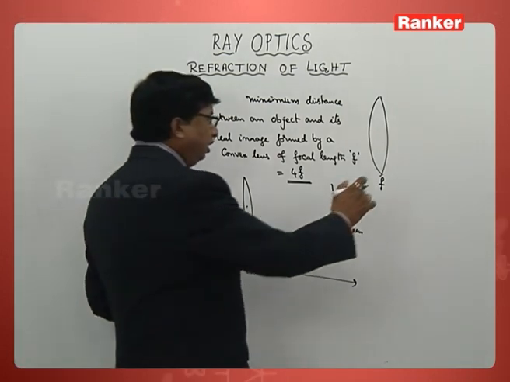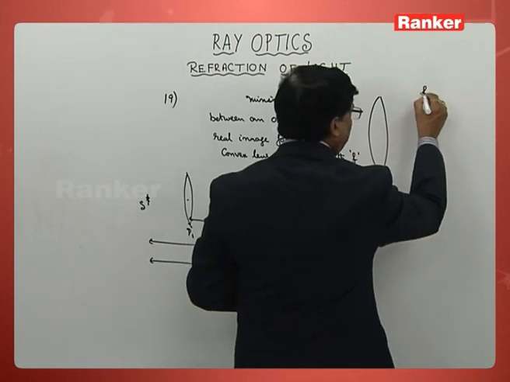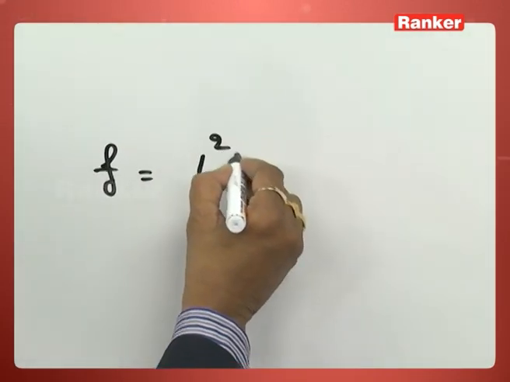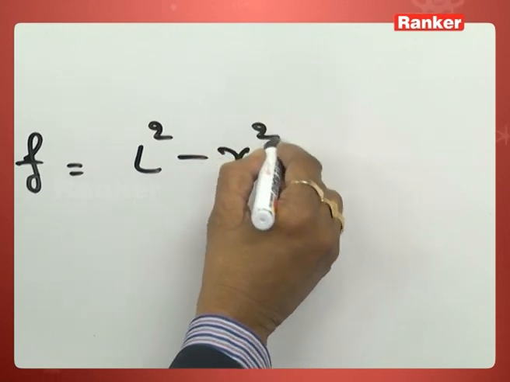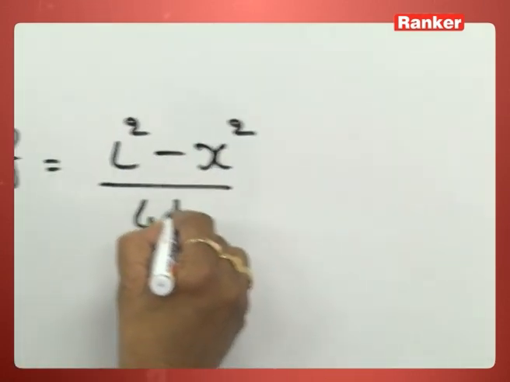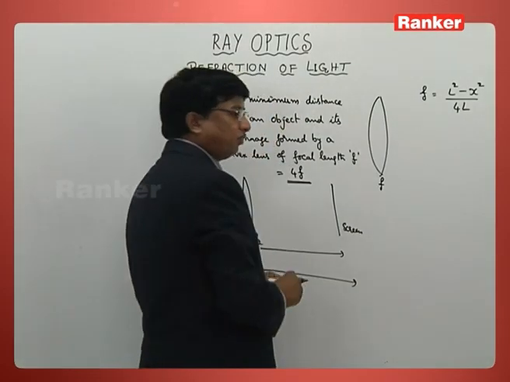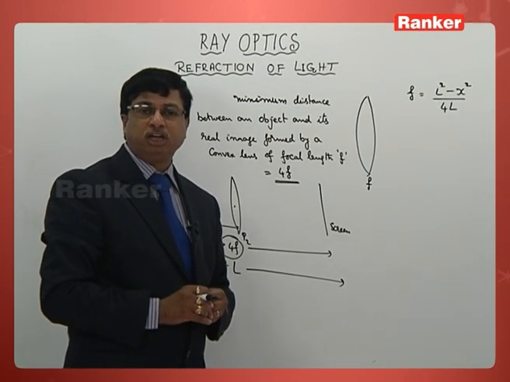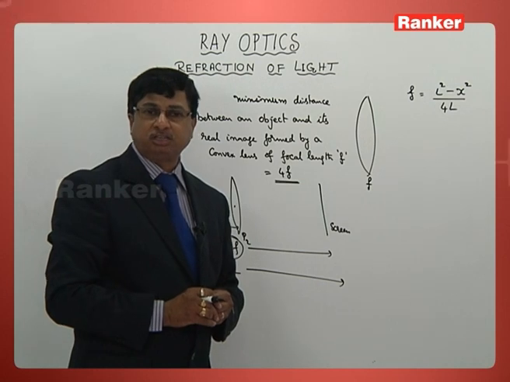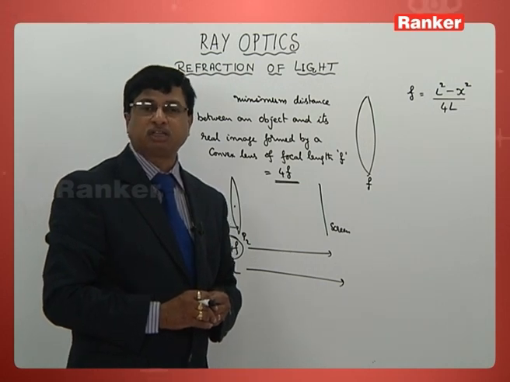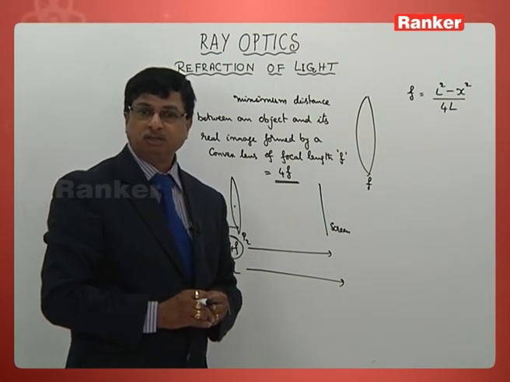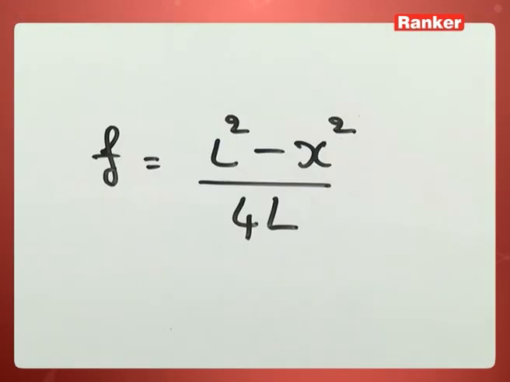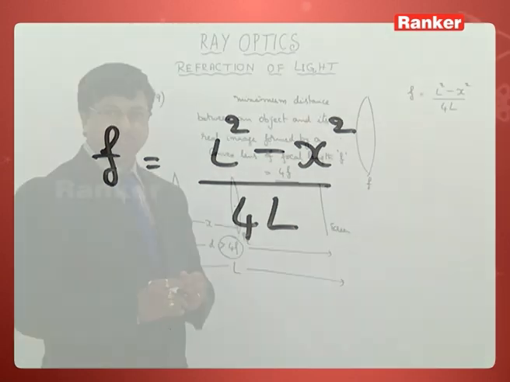Then the focal length of this convex lens will be (L square minus x square) by 4L. This is one particular method, we call it the conjugate foci method. In that method, we can estimate the focal length of the given convex lens using the formula L square minus x square by 4L.